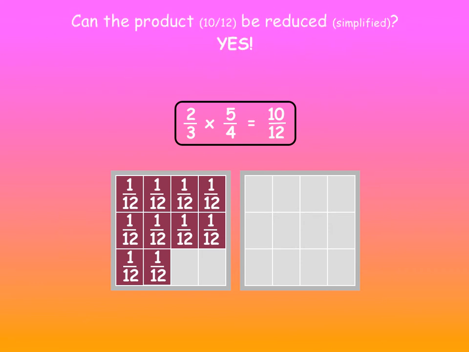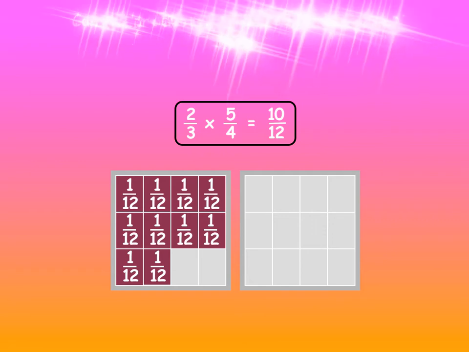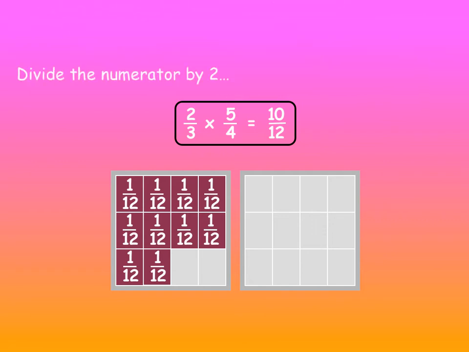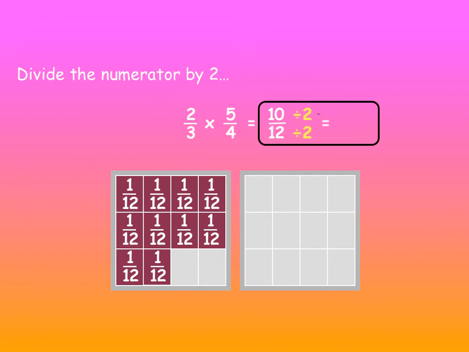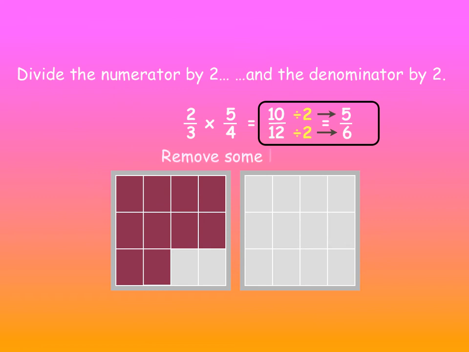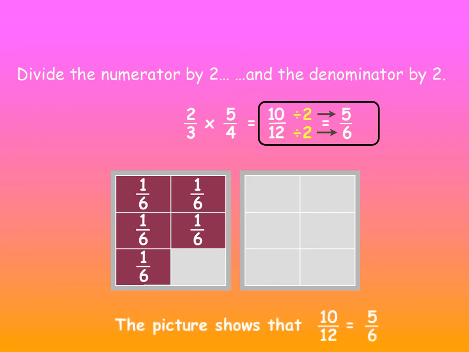Can the product 10 twelfths be reduced? Yes. Divide the numerator by 2. So 10 divided by 2 is 5. Then divide the denominator by 2. 12 divided by 2 is 6. Remove some lines, and there you have it, 5/6. The picture shows that 10 twelfths is the same thing as 5/6.